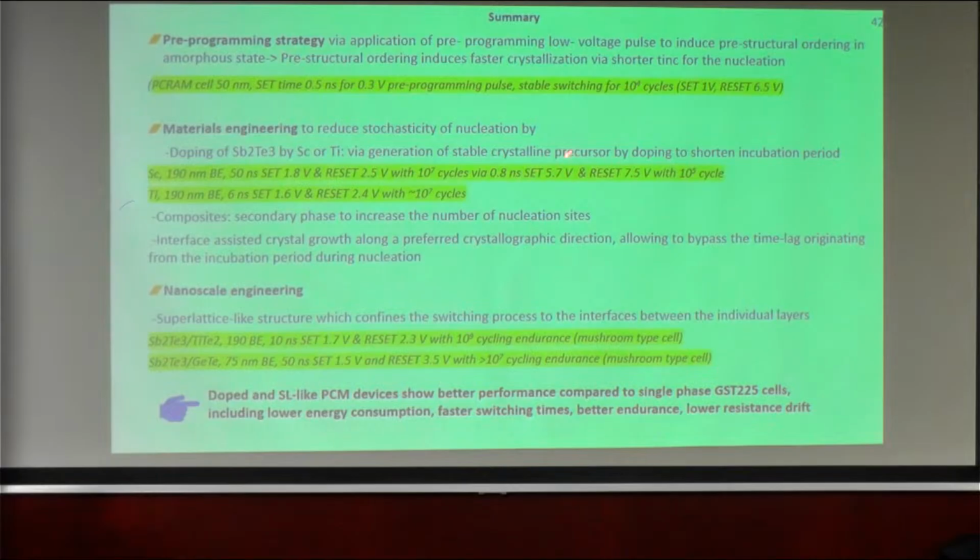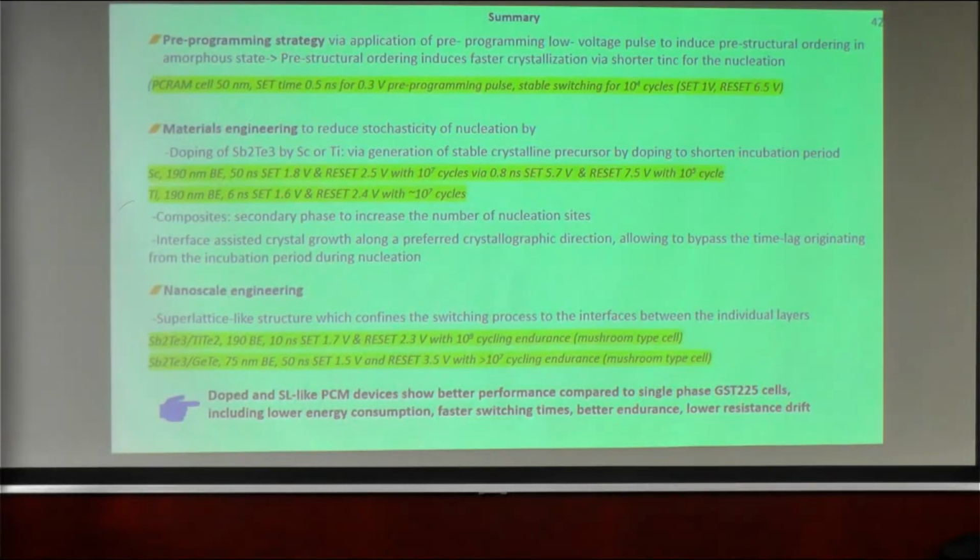So they shorten again the nucleation incubation time, and PCRAM cells based on these materials, scandium and titanium, showed nice set times like 50 nanoseconds and high endurance. And for titanium, it's like a set time of 6 nanoseconds and high endurance.